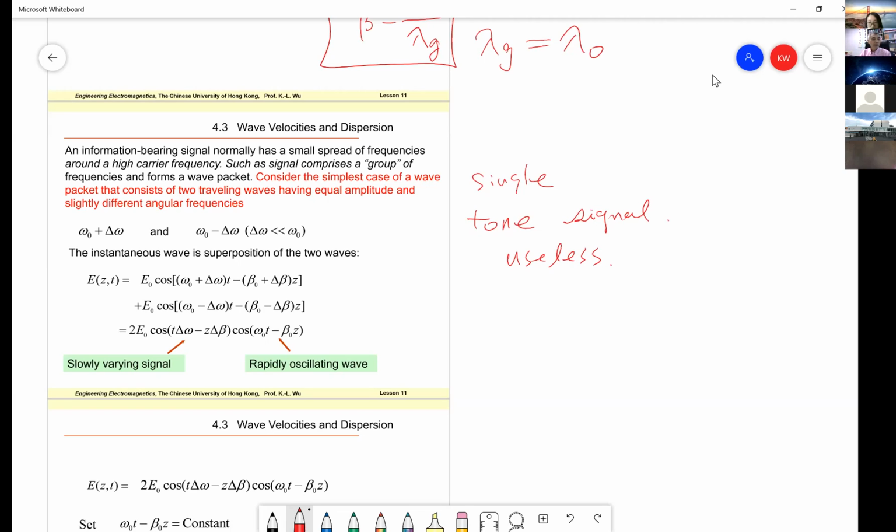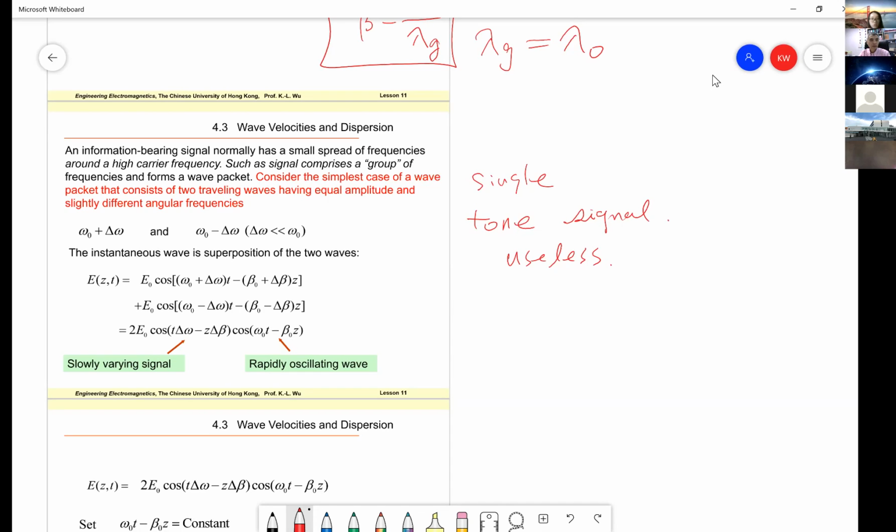It's really useless. If you only hear a single tone, what does that mean? You just hear a noise, and you will get bored, right? If you really send a single tone, the only information you carry is telling people you're still alive.